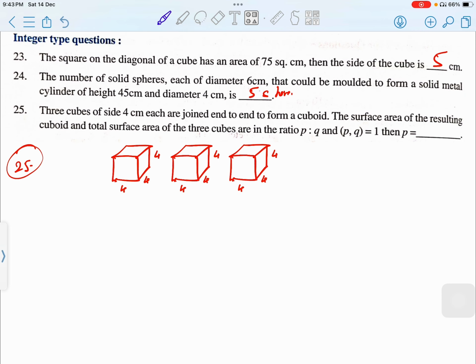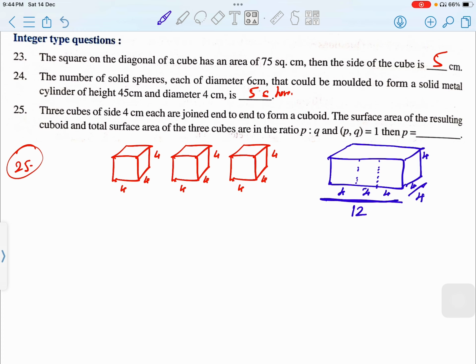If these are joined together it will form a cuboid, which is 4, 4, 4, this also 4. The length of the cuboid is 12, breadth is still 4, height is still 4. So length 12, breadth 4, height 4.